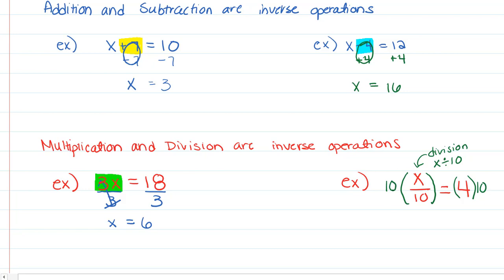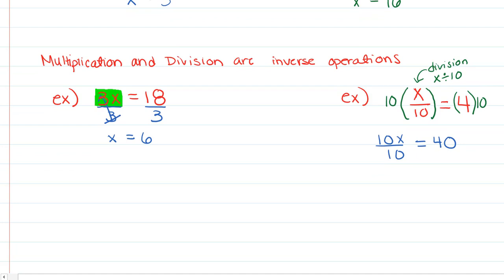So I can rewrite the left side to be 10x over 10, and 4 times 10 is 40. And same reason as before, 10 divided by 10 results in 1. So what I end up with here is x equals 40.